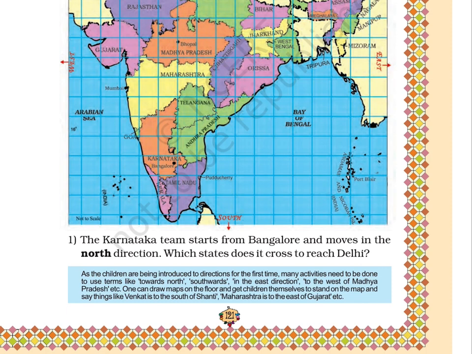The Karnataka team starts from Bangalore and moves in the north direction. Which states does it cross to reach Delhi?